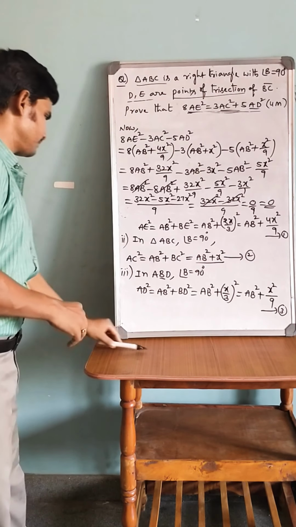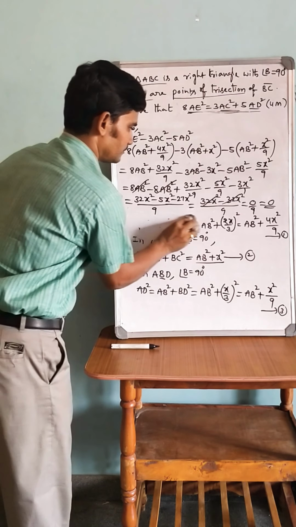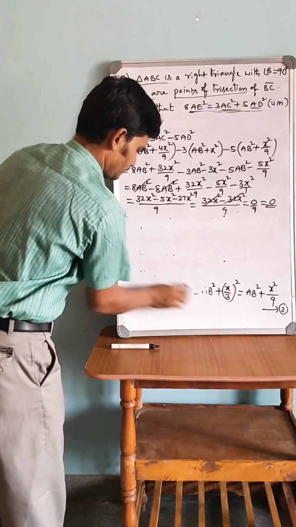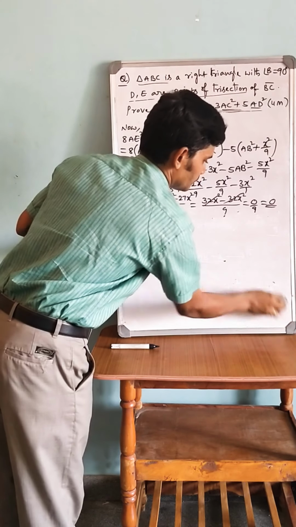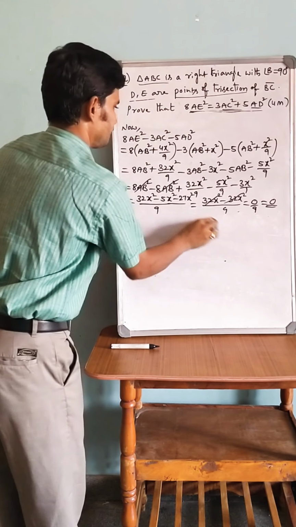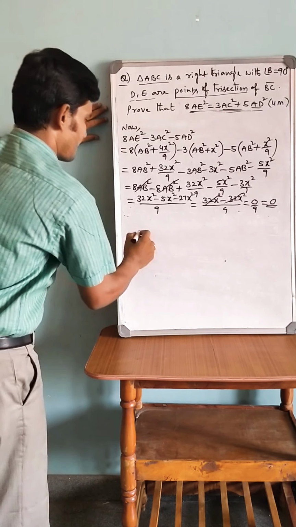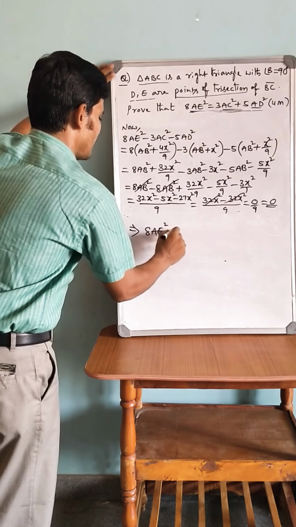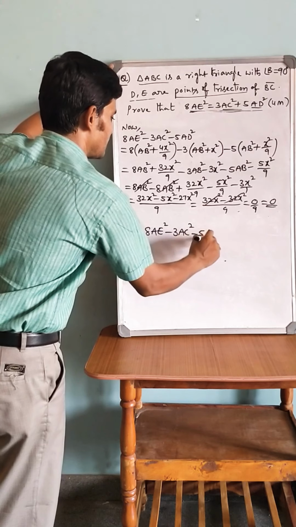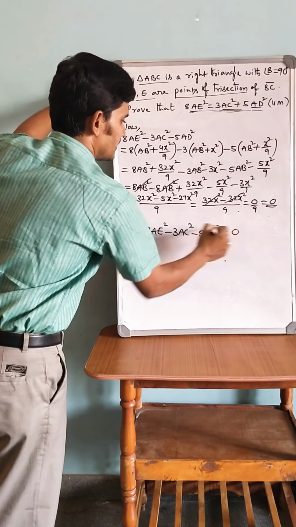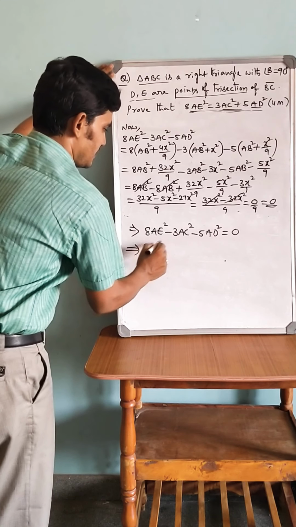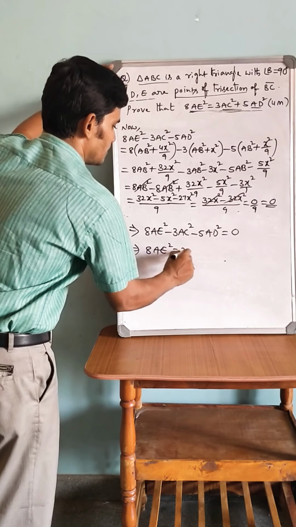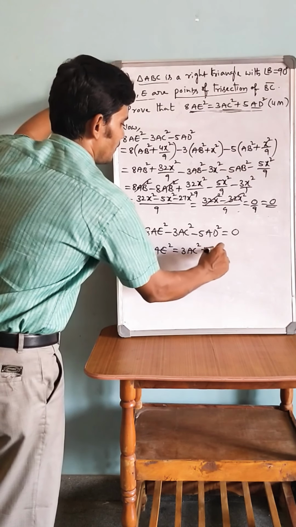So what we have arrived at is that the value of 8 times AE square minus 3 times AC square minus 5AD square is 0, which implies, let us shift these two terms into RHS: 8 AE square is equal to 3 AC square plus 5 AD square.